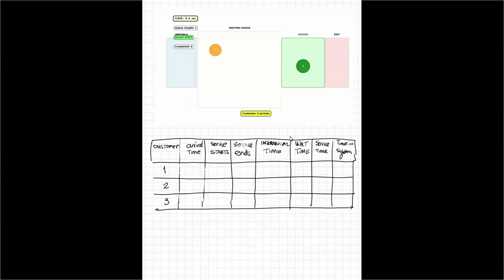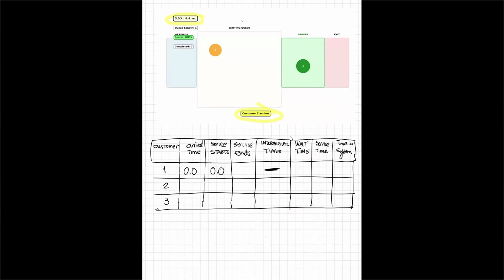Okay, take a look at this. It says here that when the clock is 8.4 seconds, customer 2 arrives. Let's remember that customer 1's arrival time was 0, no inter-arrival time. So what do we know right now?